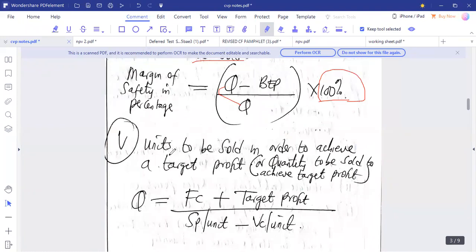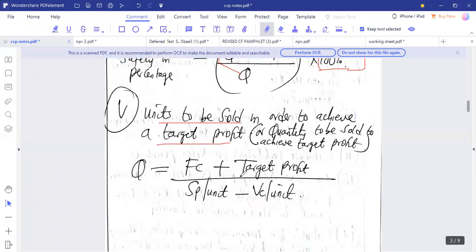Now, units to be sold in order to achieve a target profit. Q is equal to fixed cost plus the target profit, over the selling price per unit minus the variable cost per unit.